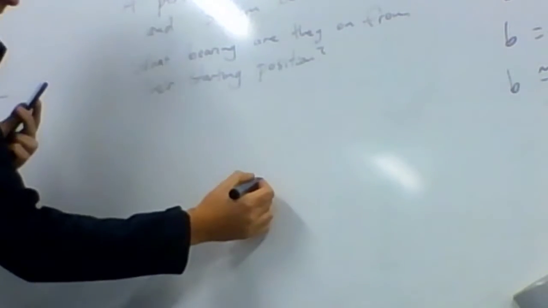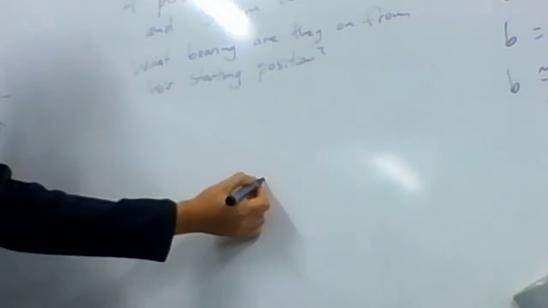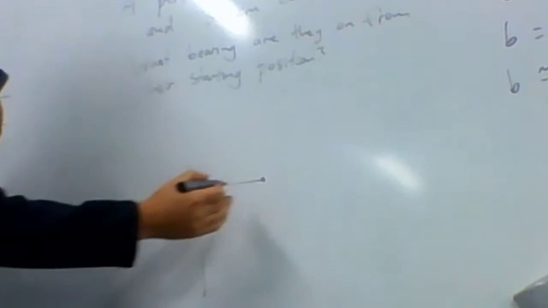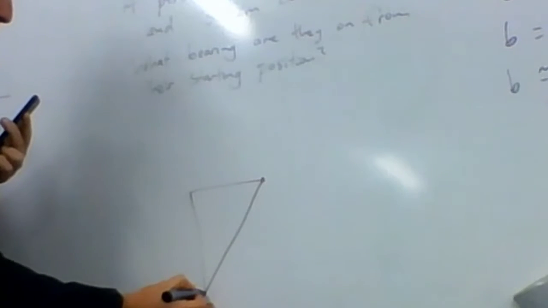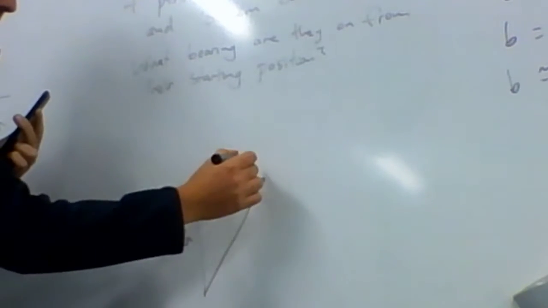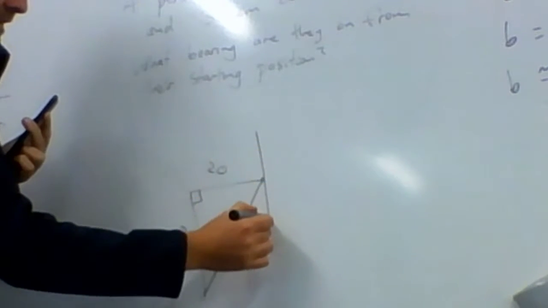Okay, so someone starts here. They go 20 kilometres west and 35 kilometres south. So you need to know your north, east, south and west, right? So they're going to be down here, 20, 35, and the question is asking you what bearing are they on?